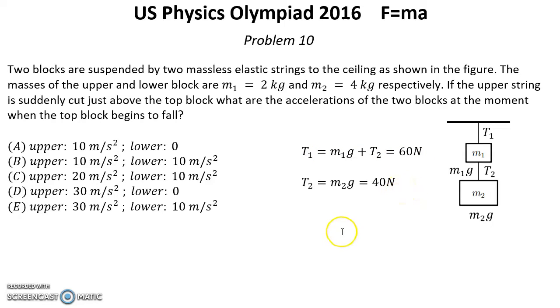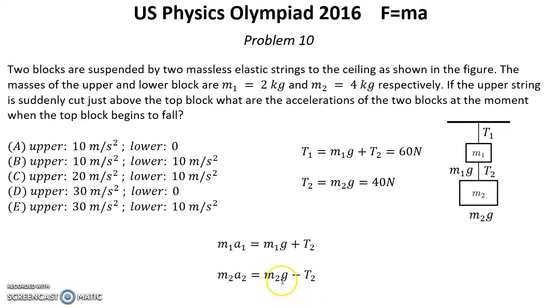40 newtons. When we cut the upper string, immediately after that T2 is still 40 newtons, and we have other equations. So m1a1 equals m1g plus T2, and m2a2 equals m2g minus T2.